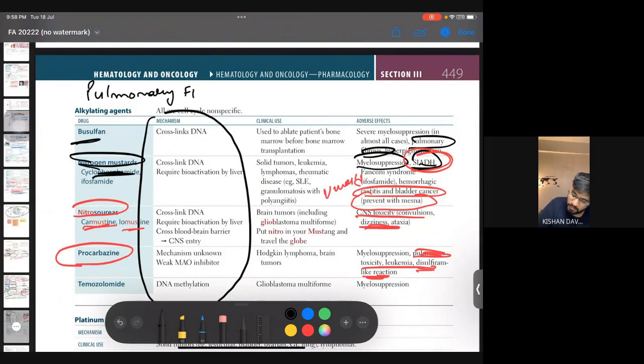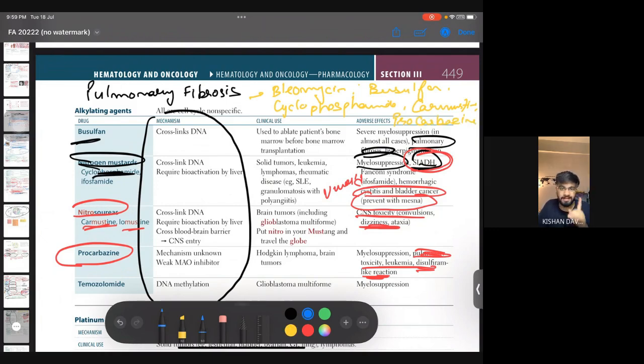Pulmonary fibrosis causing drugs. Earlier we saw bleomycin. Then you have busulfan. Then you have cyclophosphamide. It is not given here but write it down. You have carmustine, that is nitrosoureas, and procarbazine also.